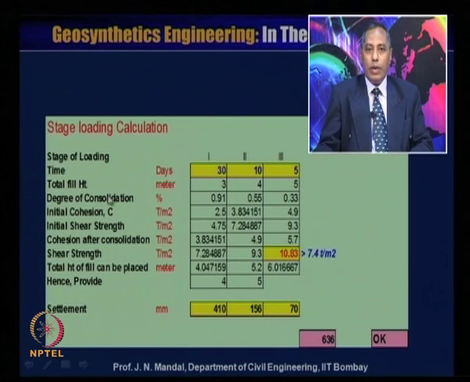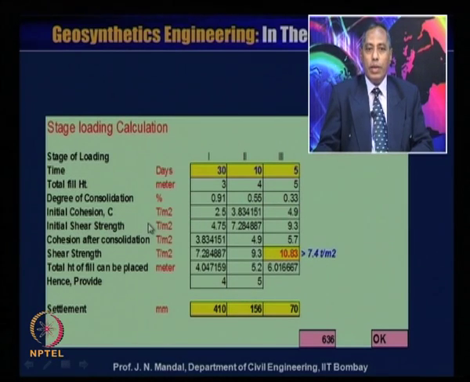And this is the total fill height in meter: the initial stage you calculated 3 meter, then second stage is 4 meter, and third stage is 5 meter. The degree of consolidation you have achieved is 0.91, that is 91% in the first stage, second stage is 55%, and third stage is 33%.